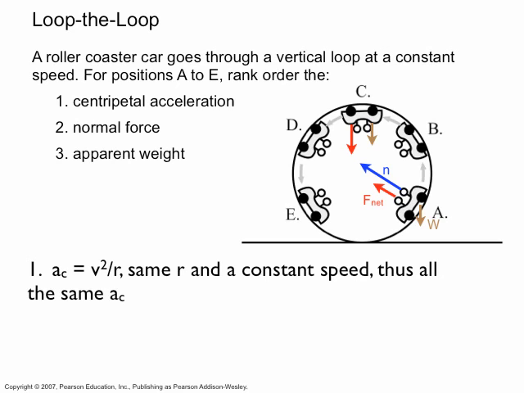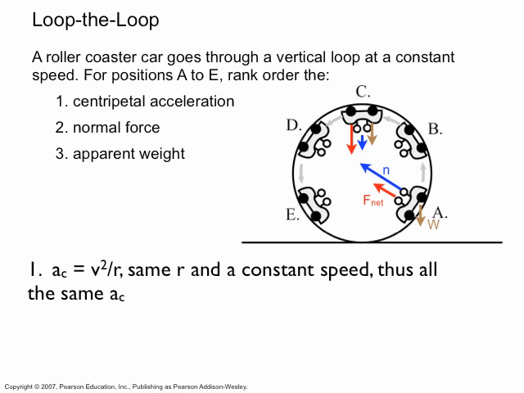So what is the value? How do we determine the net force? And how do we determine the normal force? Well, we see the normal force decreases as the car goes from A to B to C. Again, the force of the weight pointing straight down in position C is pointing in the direction of the net force.